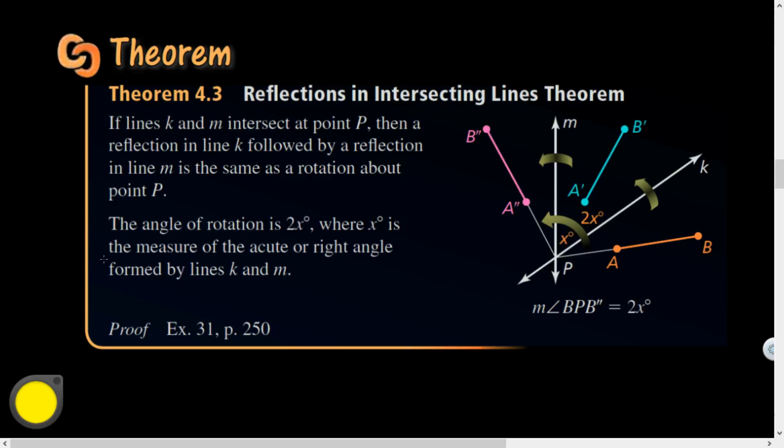And the angle of rotation from A to A prime is 2x degrees, where x happens to be the angle of the intersecting lines. It does say, to clarify, the acute angle or right angle formed by those two lines. So what you're going to have to do is just remember it's double, and then remember which one, the bigger or smaller one, it'll be.